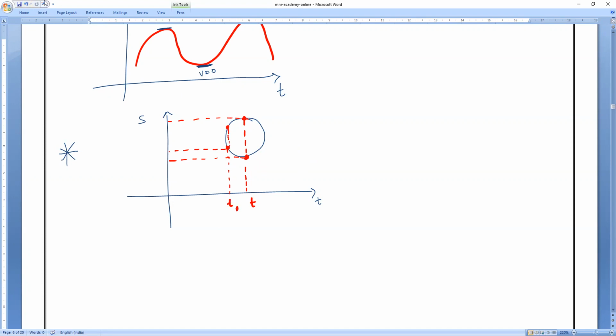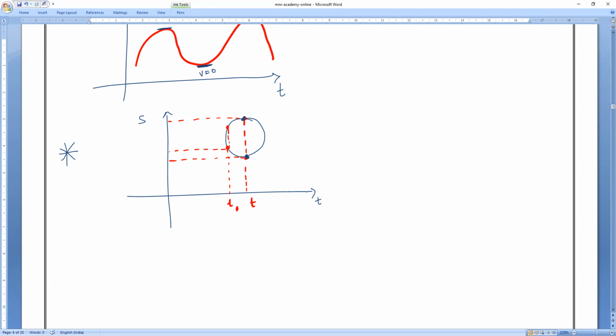So is it possible to be at two different positions at a time? Rudreshwar, see that for this point also the time is the same, and for this point also the time is the same. Now I am asking, for example, is it possible to be at two places at the same time?